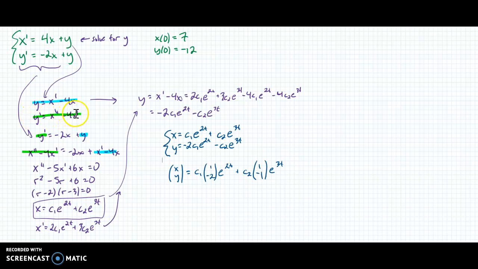Take the derivative. It gives me the green equation. Then I'm going to sub those into here. So I just rewrote this equation right here, y prime equals minus 2x plus y. And then the green was this one right here, so that went there. This is the blue, which is that. So I get this. Simplify, get that.